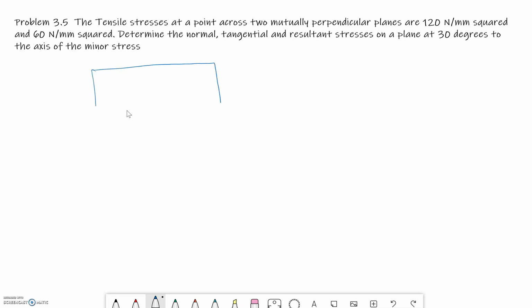So you have a member where you have got stresses on all the surfaces. This is given as sigma 1, which is equal to 120 Newton per mm squared, and this is sigma 1 as well.